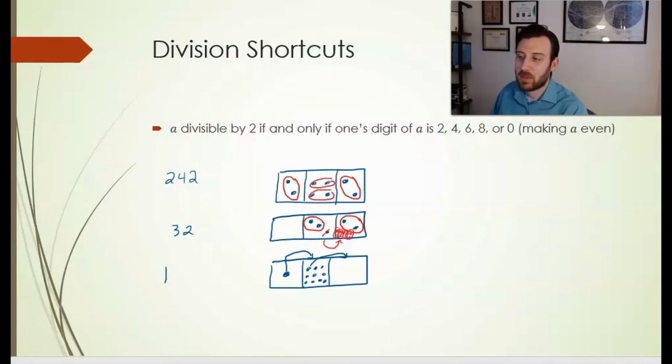So it does not matter what's in the hundreds place or the tens place. If we can group whatever we want in the ones place, then the 100s and the tens must be even as a natural result of them having 5 groups of 2 hidden many times over within them.